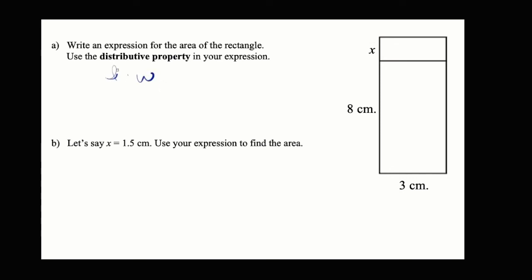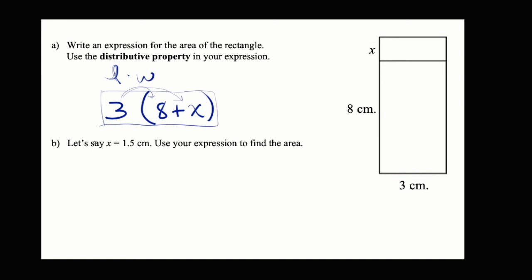So my length is 3, and I'm going to say my width is 8 plus x. So here my distributive property is going to end up distributing that 3 to the 8 and the x. So this is a good enough expression for my area.